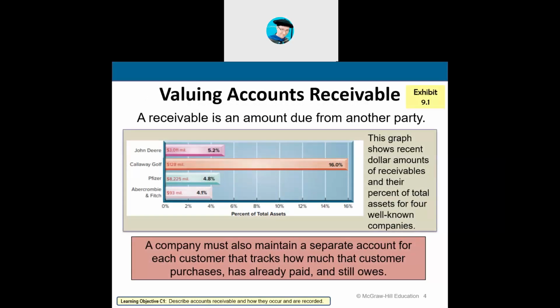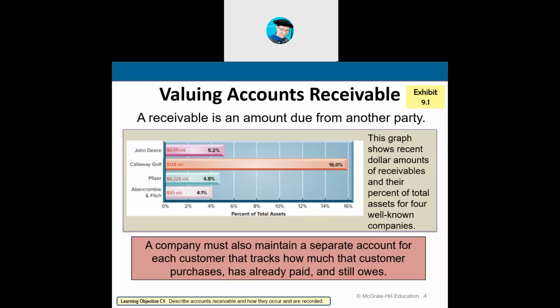A receivable is just as Awas said, it's when someone owes the company money from a sale that we made to them. A lot of companies, and I would say a lot of the large companies especially, carry a large portion of receivables.